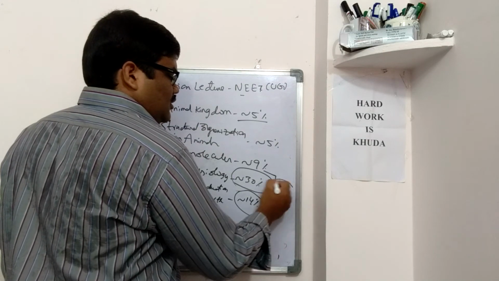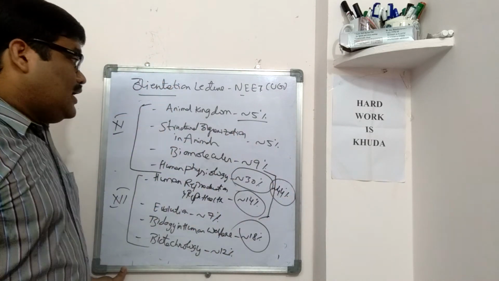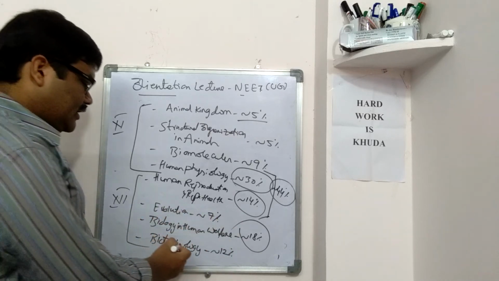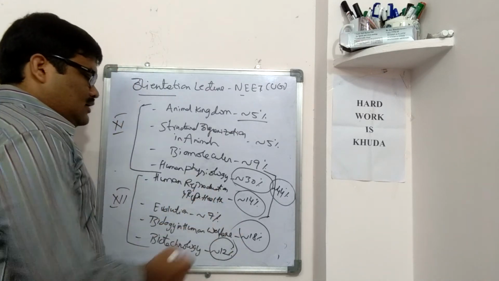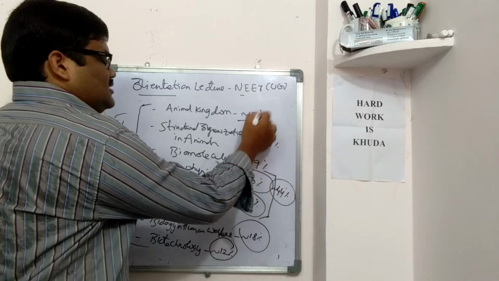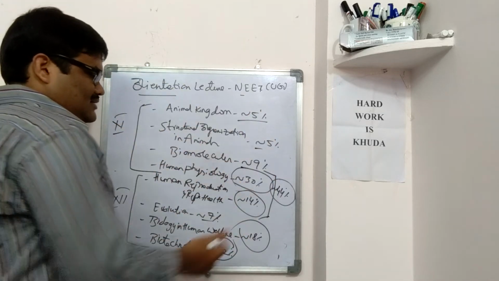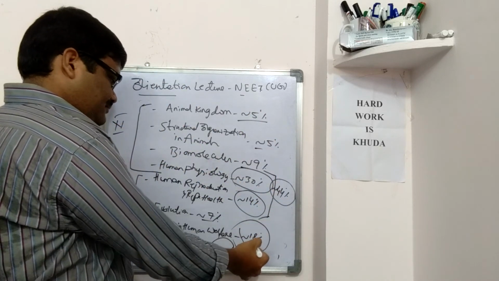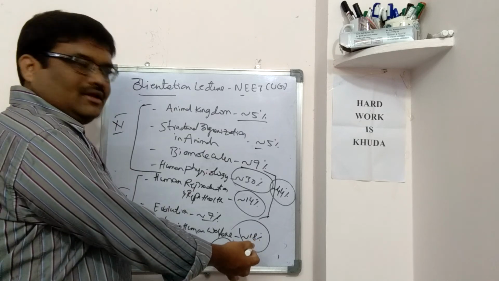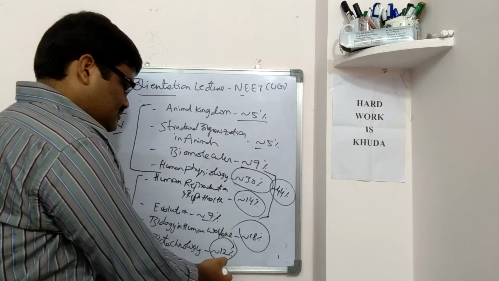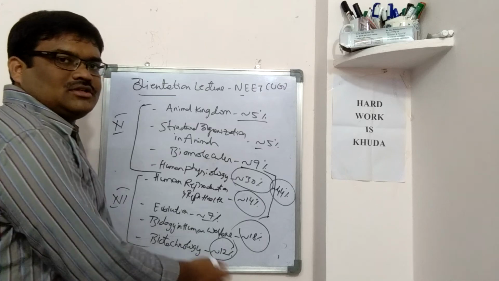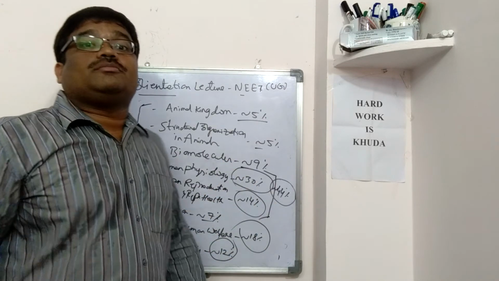Apart from this, biotechnology is also nearly 12%, evolution 7%, and others. Just imagine 44 plus 18, that means biology in human welfare, is 62, plus biotechnology 12% combines to 74 percent.